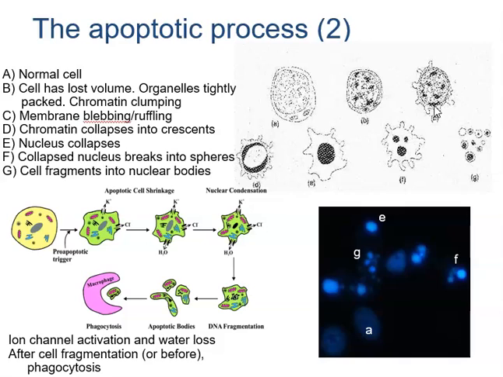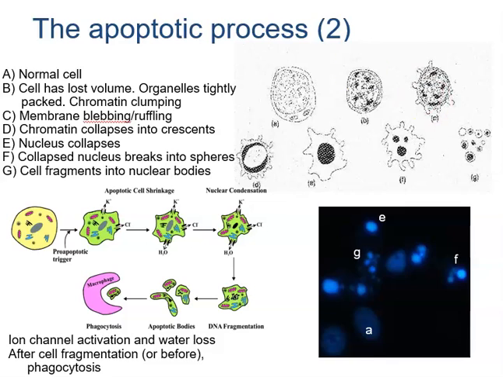At D, we get what we call a crescent nucleus, and this is because during stages B and C, the nucleus is being degraded by DNAase enzymes, and that causes the chromatin to collapse onto the nuclear membrane. Then eventually at point E you get a condensed nucleus, and then you get nuclear fragmentation, and finally cellular fragmentation.